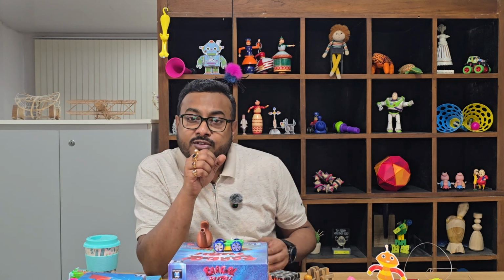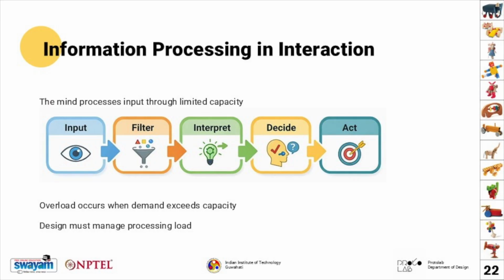Now that we have looked at each stage individually, we can understand interaction as a processing system. The brain receives input, filters it, interprets it, decides, and acts. But this system has limited capacity. It cannot process unlimited information at once.